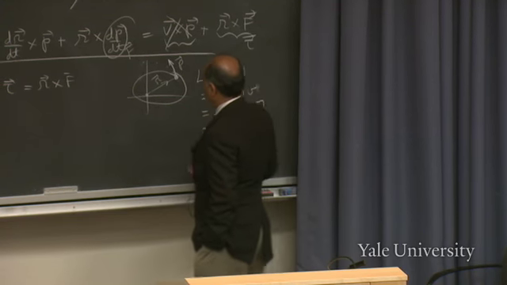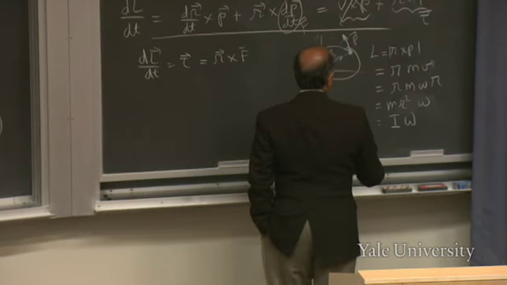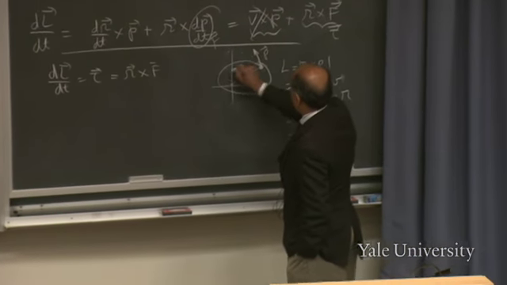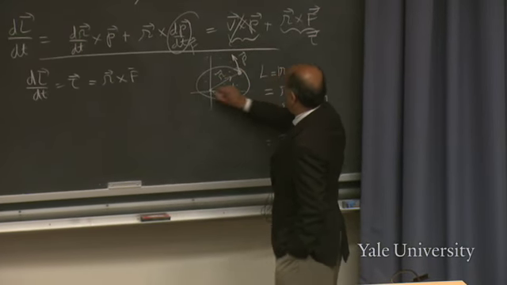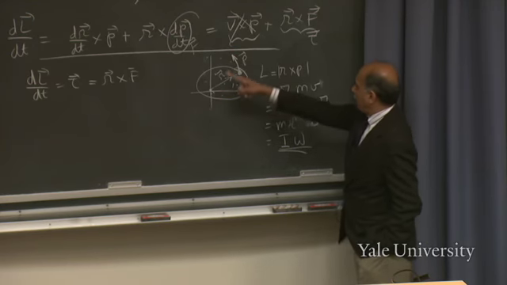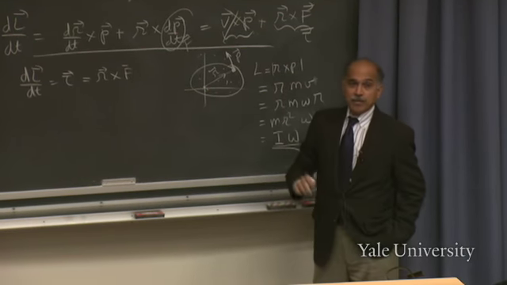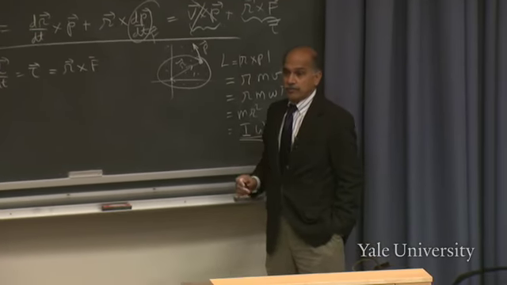But I want you to think about the following fact. Whenever you take a rigid body as made up of many bodies, each one of them has angular momentum I omega. You added them all up. But as a vector, each one has an angular momentum coming out of the blackboard or going into the blackboard.